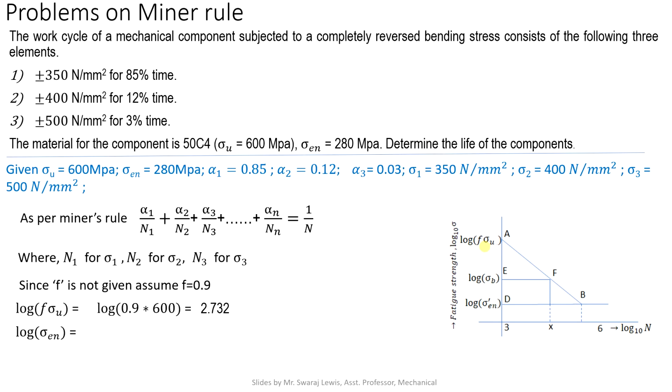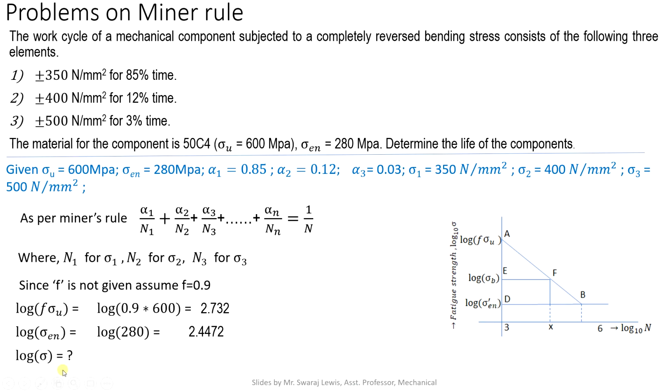Log of endurance: since they have not given any other modifying parameters like A, B, C, reliability, stress concentration, we will assume all as 1 and we will take log of 280, which is given in the question, and we get 2.4472.